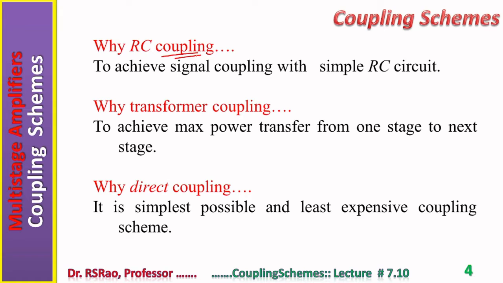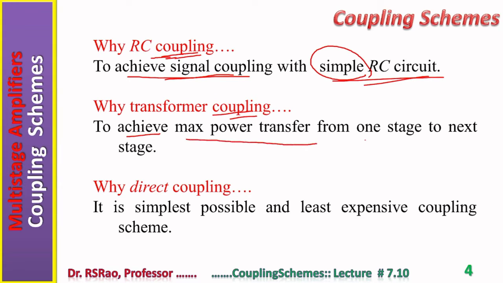Why RC coupling? Coupling is meant for providing connection between the output of one stage to the input of the next stage. So the answer to the question why RC coupling is to achieve signal coupling with the help of a simple RC circuit. Why transformer coupling? To achieve maximum power transfer from one stage to the next stage.